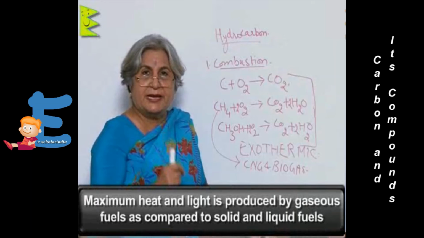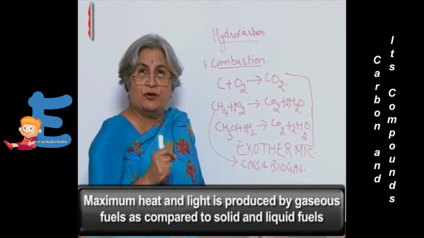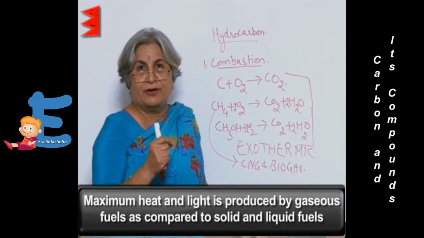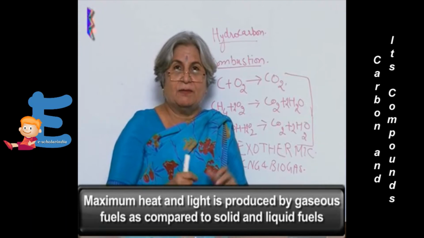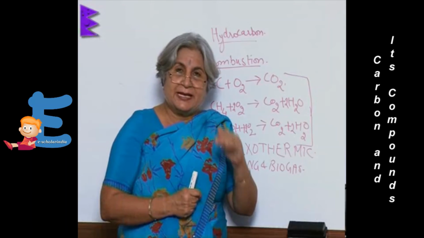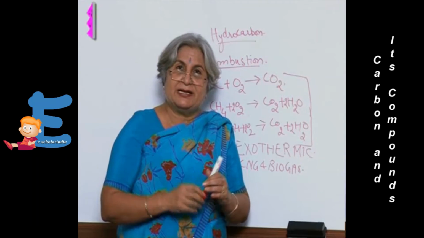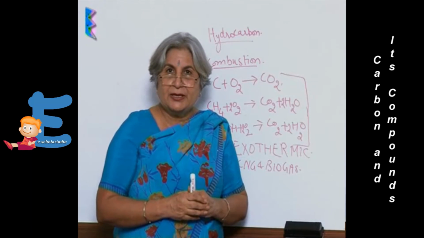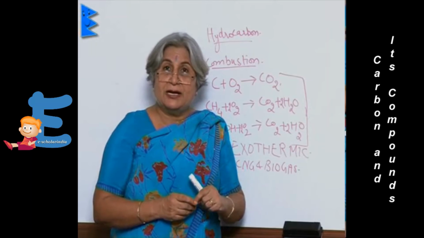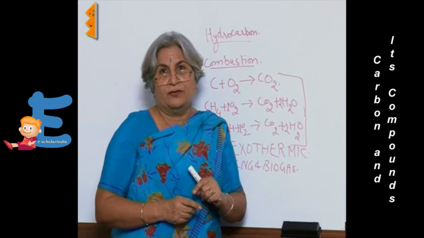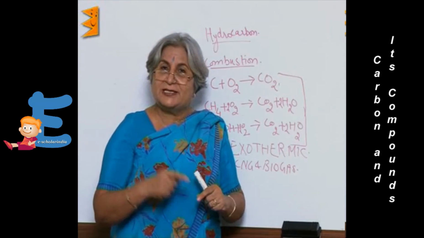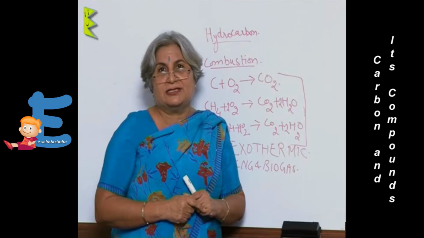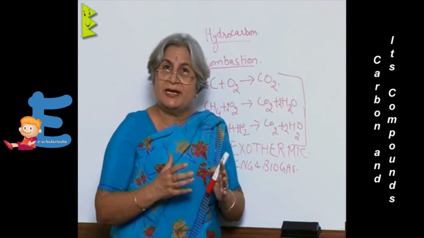Maximum heat is produced when the fuel is a gas, like LPG or biogas. In the case of liquids, like kerosene oil, the heat generated is less than gaseous fuels. Similarly, solids like coal and wood produce the least. That is why these days we prefer gaseous fuels like LPG, because they are more heat efficient.